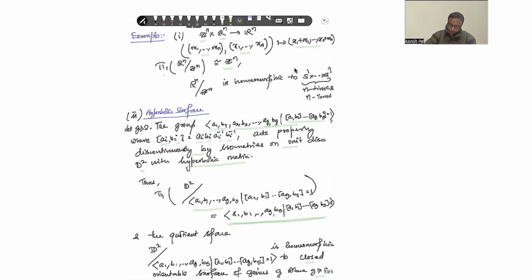I'll be proving this thing. This group acts properly discontinuously by isometries on the unit disk with hyperbolic metric in some class. That requires a proof.